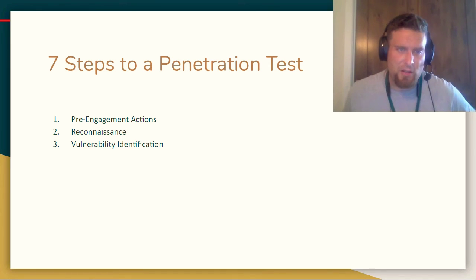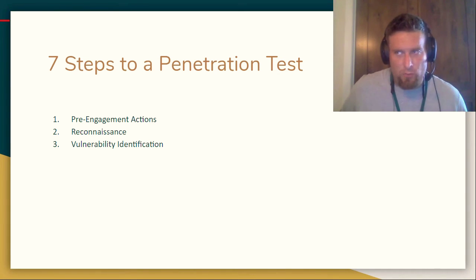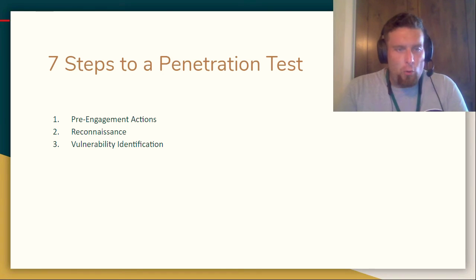Vulnerability identification. After we run an Nmap scan and find out exactly what services and versions they're running, we're going to want to identify which of those services have known exploitable vulnerabilities.